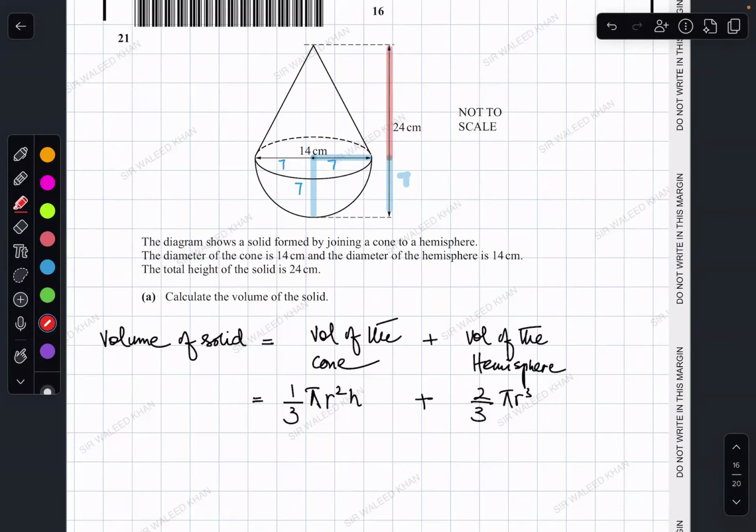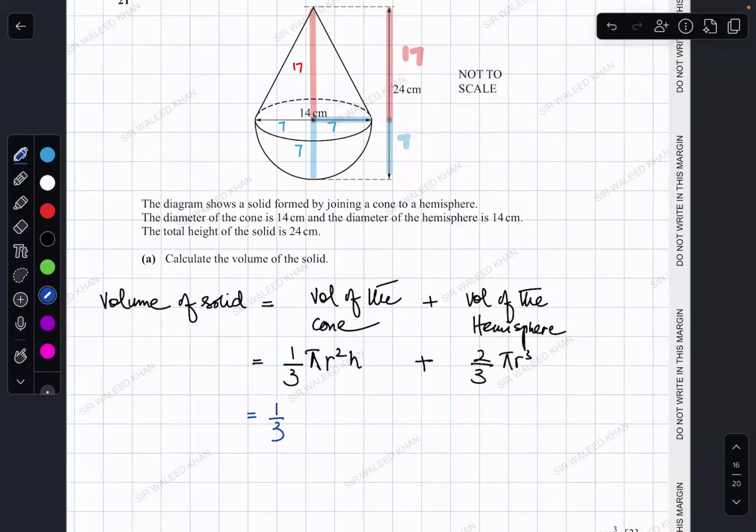You just plug in the information. 1 by 3. Pi r is 7 square. Height is 17. Plus 2 by 3. Pi r is 7.